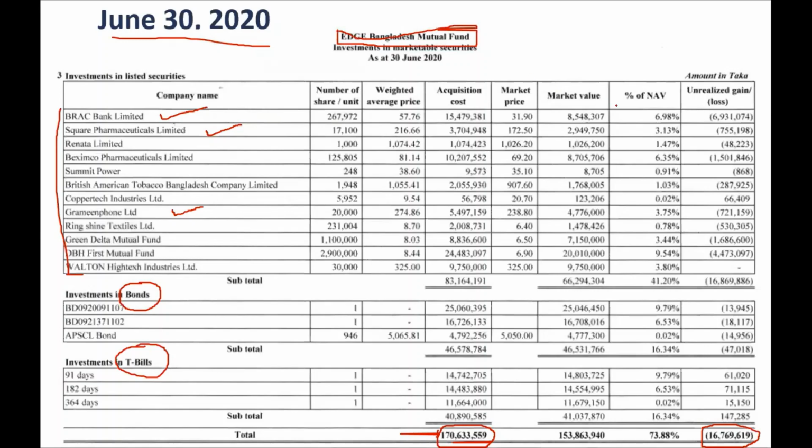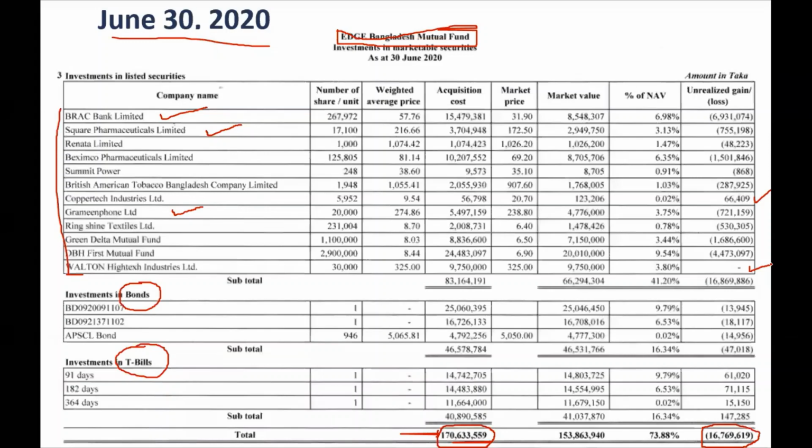Okay, so we are highlighting the loss does not mean that they are not generating gain. You see, in the updated number, all items are in loss except this one. Which one? Copper Tech Industry. And you know very well what is happening to Walton Hi-Tech right now.